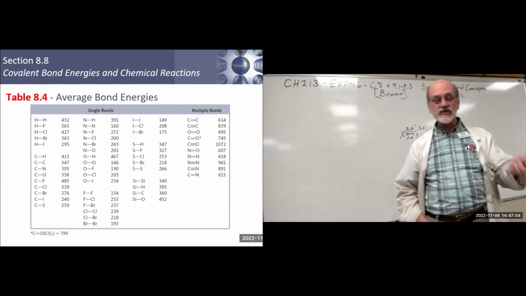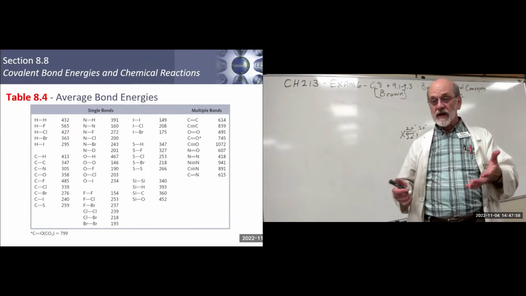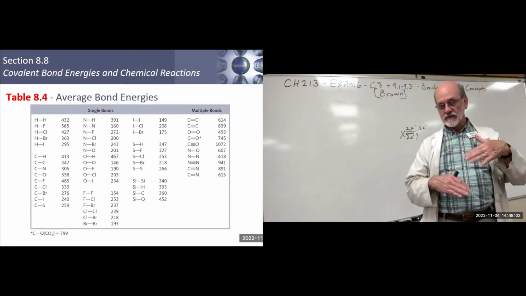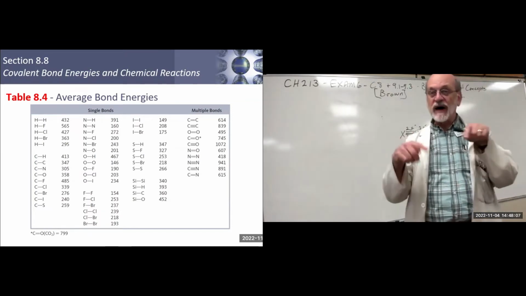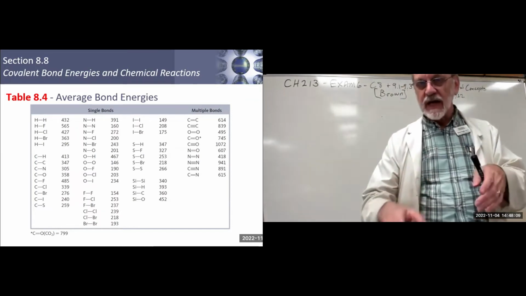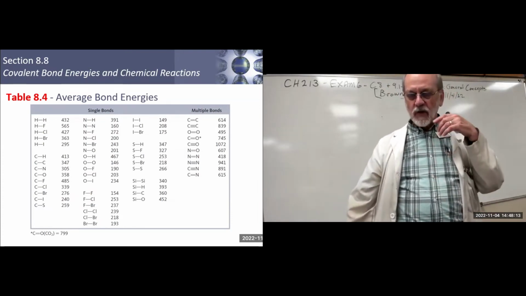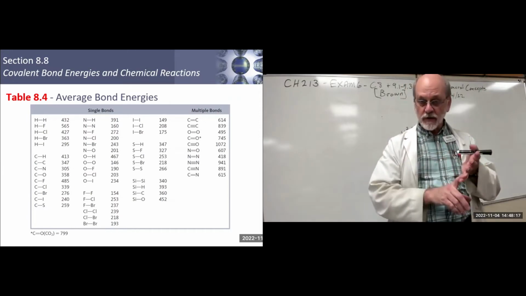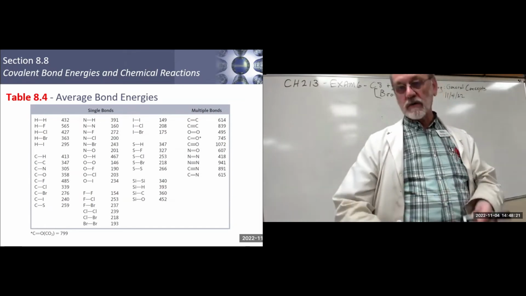I know in previous chapters, we got at unknown or target reactions by combining information from other reactions using Hess's law. Now we can actually go down to the bond level with this information and predict very accurately whether the chemical reaction is exothermic or endothermic, and how much energy is required or given up.